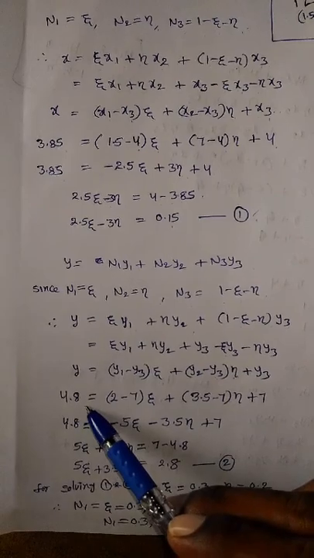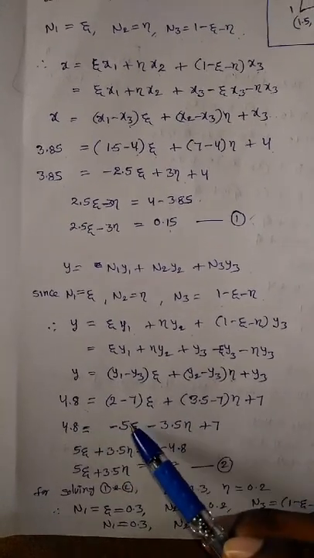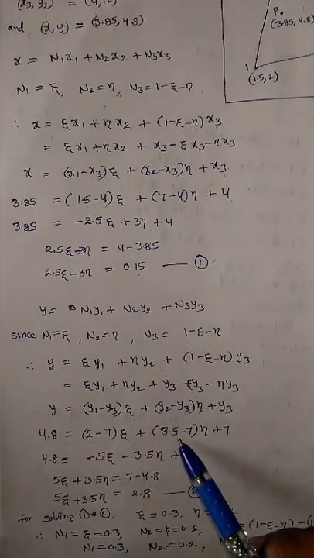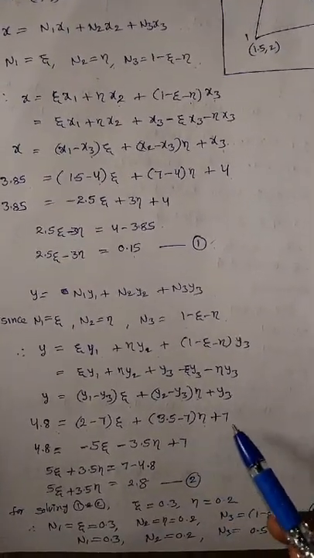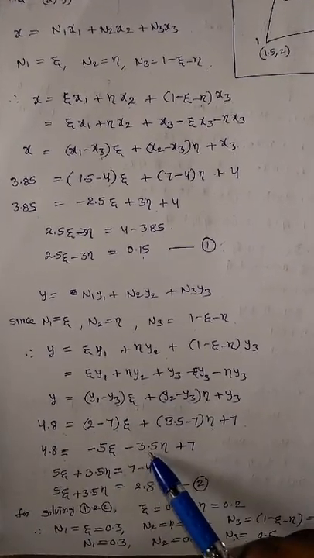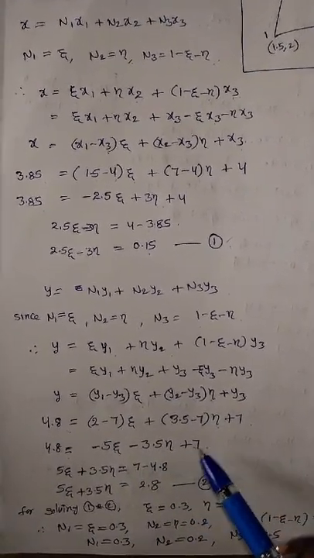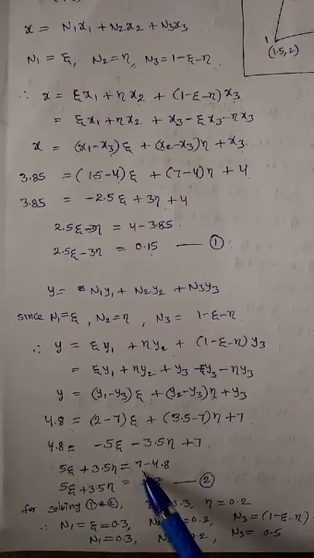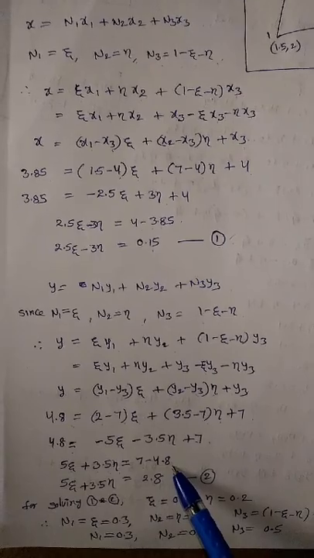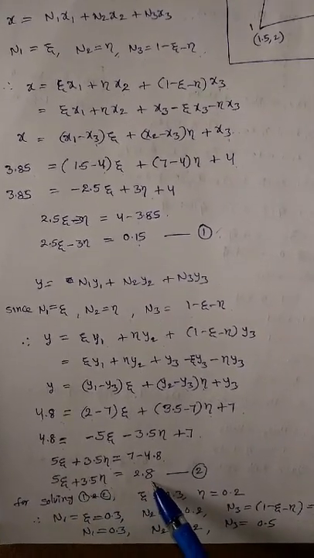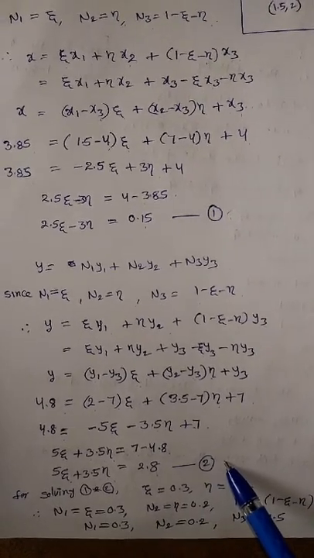Substitute all values, the y values y1, y2, y3. Y is equal to 4.8, that equals (2 minus 7) xi plus (3.5 minus 7) eta plus 7, 4.8 equals minus 5 xi minus 3.5 eta plus 7, that is 5 xi plus 3.5 eta equals 7 minus 4.8, so 5 xi plus 3.5 eta equals 2.8, from equation 2.